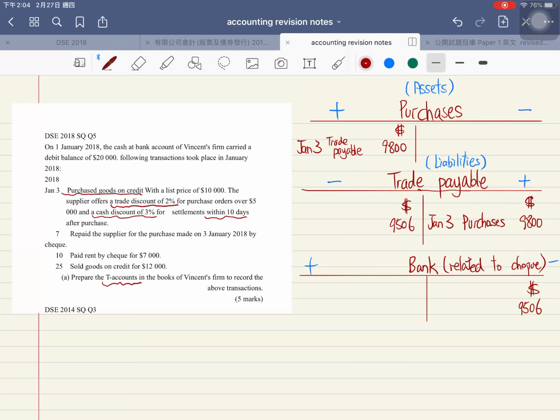Okay, so how about the discount? Because it's cash discount, we have to record it as discount received. Okay, so discount received is a revenue account.